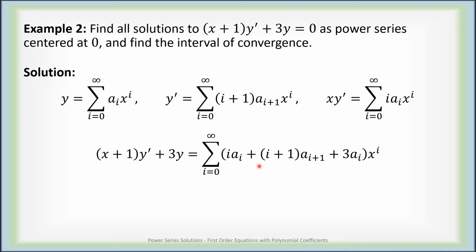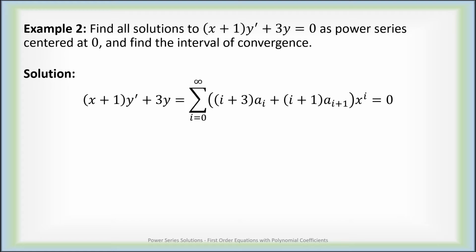So i a_i plus (i+1) a_(i+1) plus 3a_i, x to the i, which we can simplify as the two terms with a_i, an i a_i and a 3a_i, just becomes (i+3) a_i, plus (i+1) a_(i+1), x to the i. So here is our power series for (x+1)y prime plus 3y. A single power series, all times x to the i, index going from 0 to infinity.